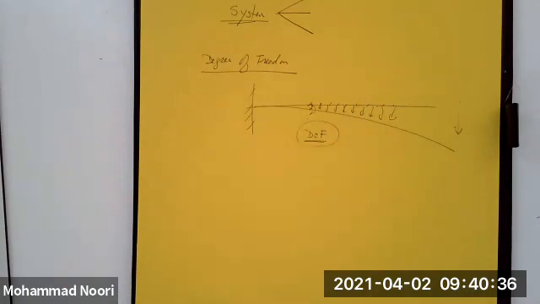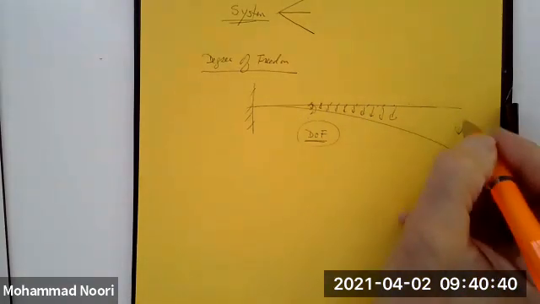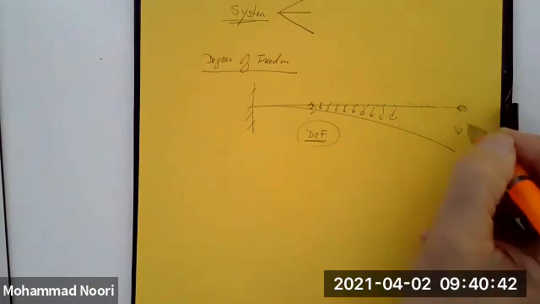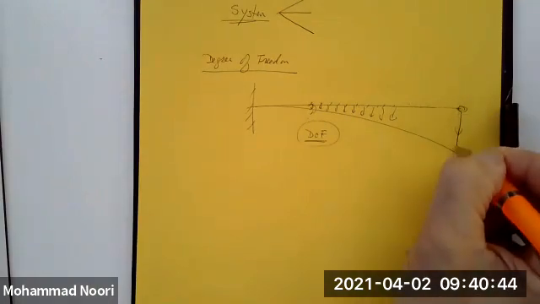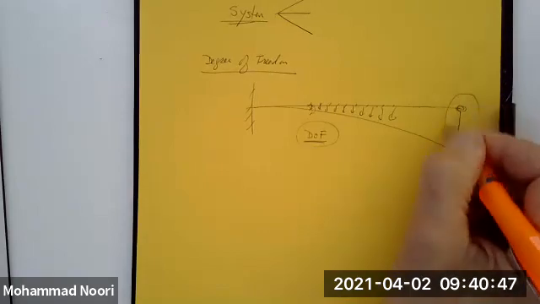However, we can make our life easier. Think of a beam where, for instance, the tip of this beam is moving in this direction.